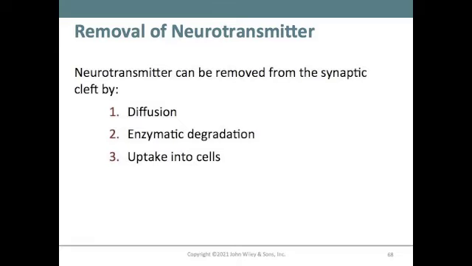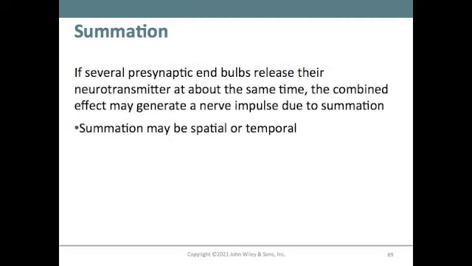Well, there's three ways that we can do that. One is diffusion. In other words, the neurotransmitter is going to diffuse into any of the cells that are around there. Another is enzymatic degradation. In other words, there's an enzyme that will come in and degrade those neurotransmitters. Or they will be taken up into cells, whether it's the presynaptic cell or the postsynaptic cell.